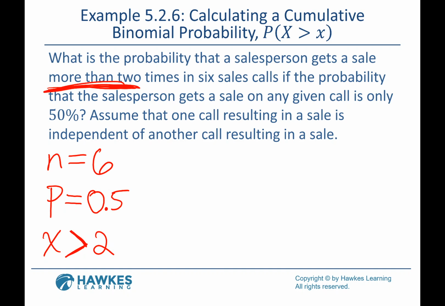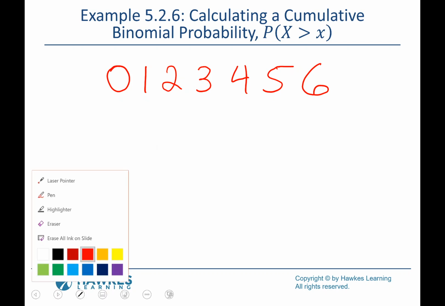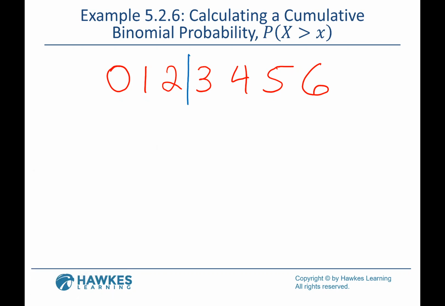So we're making 6 calls. The only possibilities for the number of successes we could have are 0, 1, 2, 3, 4, 5, or 6. Those are the only possibilities. On this problem, we're looking for the probability of these outcomes, 3, 4, 5, or 6, more than 2.